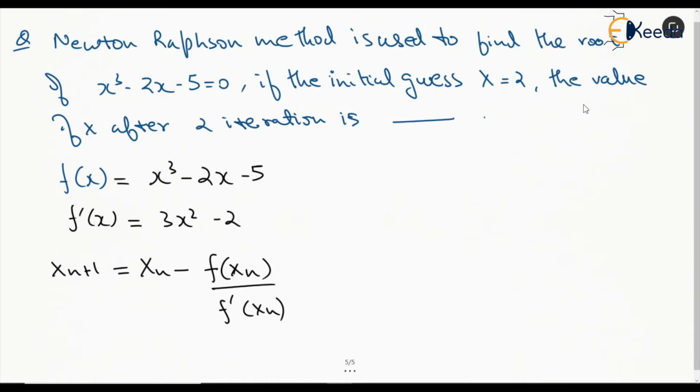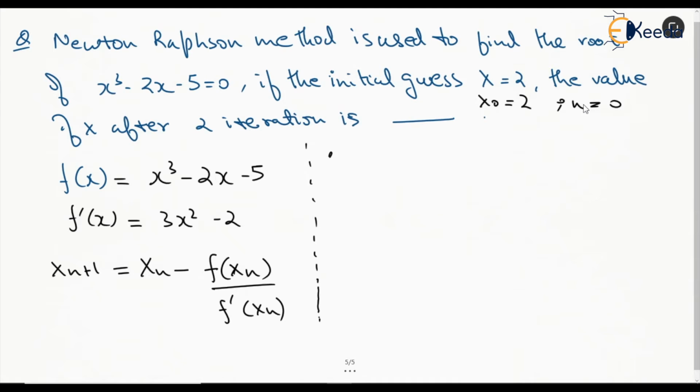So the first iteration we will have, where let's say x naught is equal to 2. Let's say this x equal to 2 is x naught equal to 2, and we can say n equal to 0.